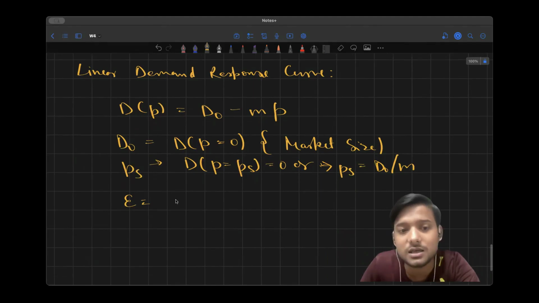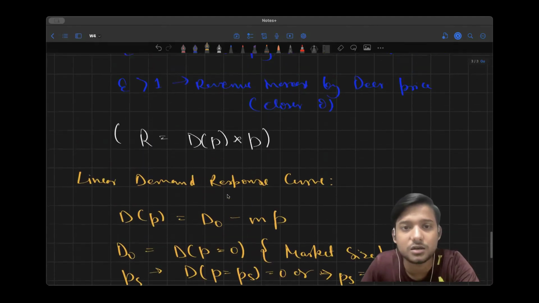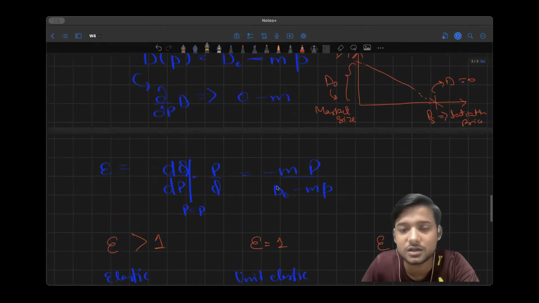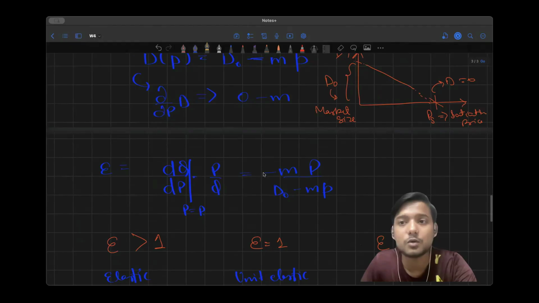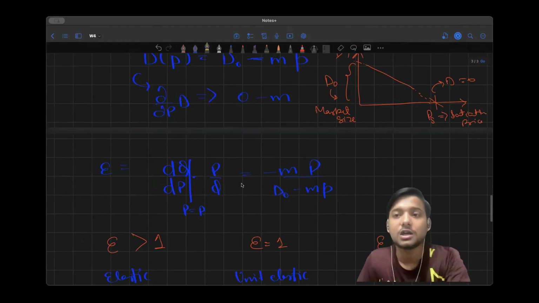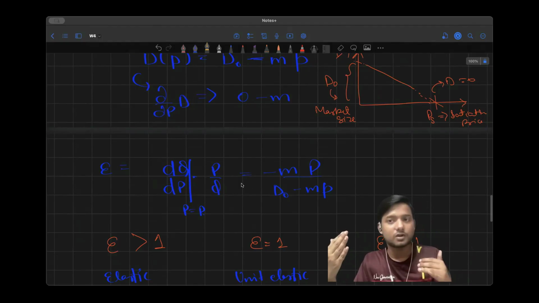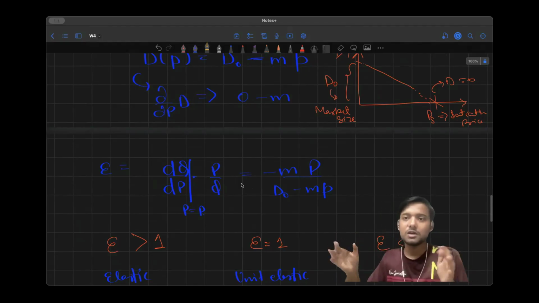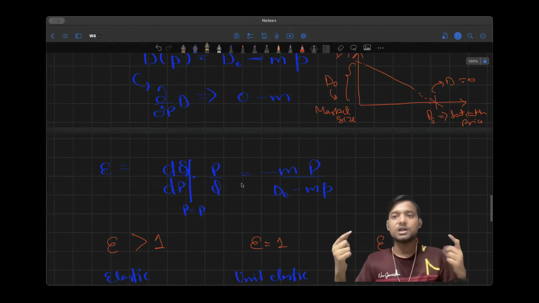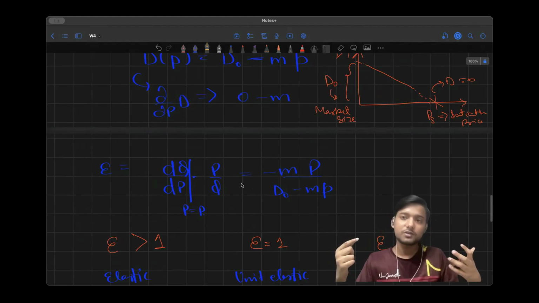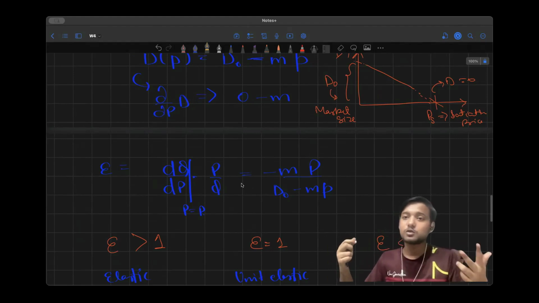Therefore, we are only interested in the magnitude, not the sign. So in this derivation, you see this minus, but we are only interested in the magnitude. Because I know if I increase the price, my demand should fall. So if I know that when I increase price by 10%, my demand falls by 20%, that means my elasticity is 2, right?